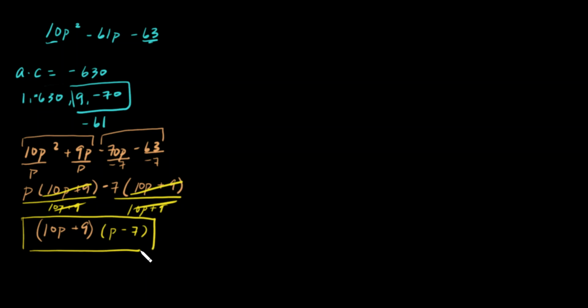So let's take that and let's use MG's method. MG's method, I'm going to rewrite. I'm going to multiply A into C, so I get p squared minus 61p minus 630.